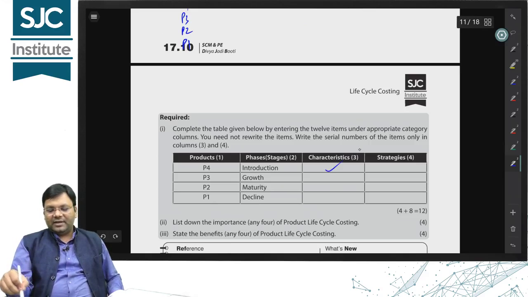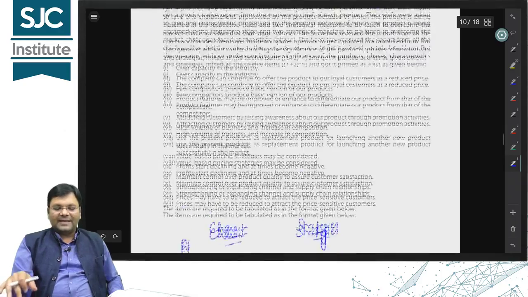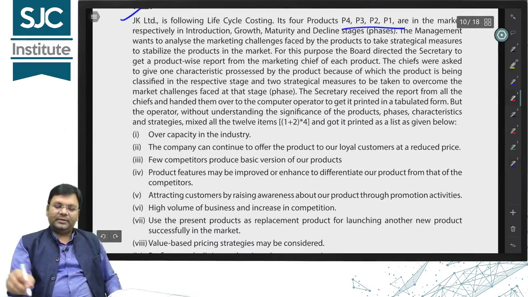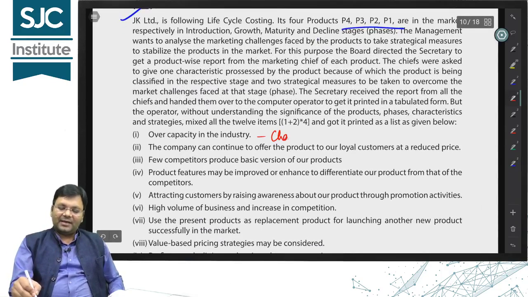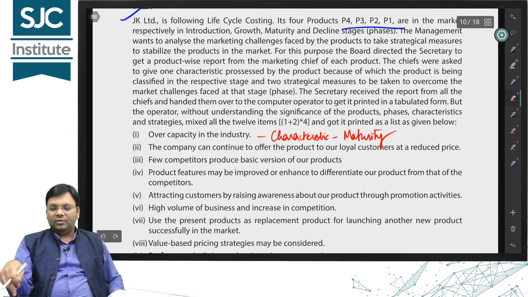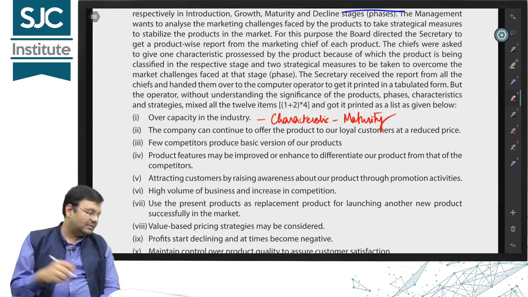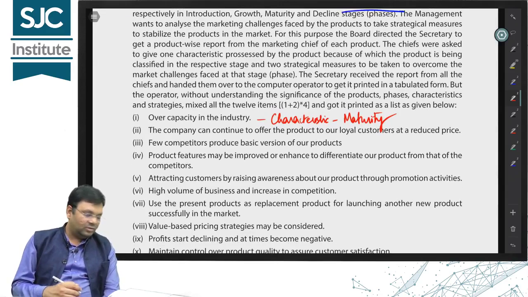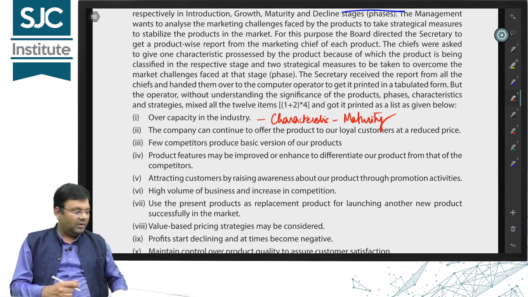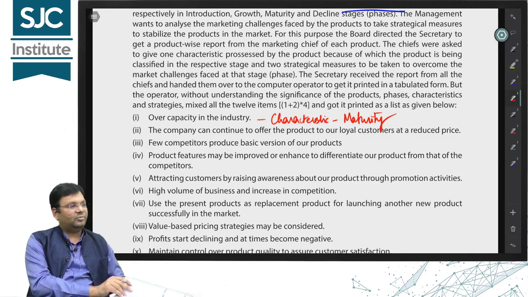So for each phase, 1 characteristic and 2 strategies. Let us read and chalk out. Overcapacity in industry: you can refer to your FastTrack books notes. Overcapacity is a characteristic of the maturity phase. The company can continue to offer the product to loyal customers at a reduced price.